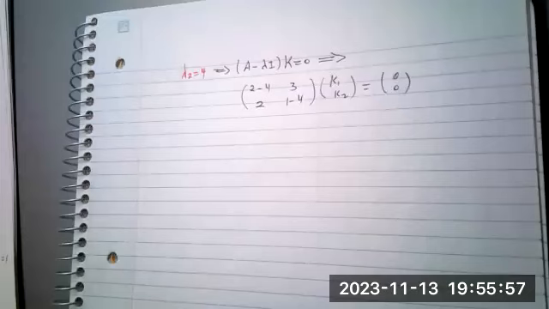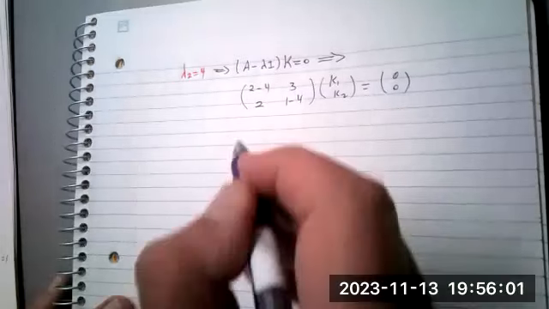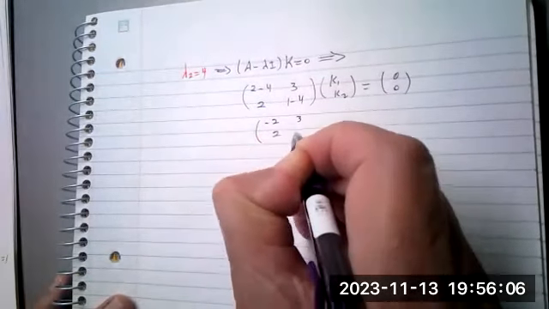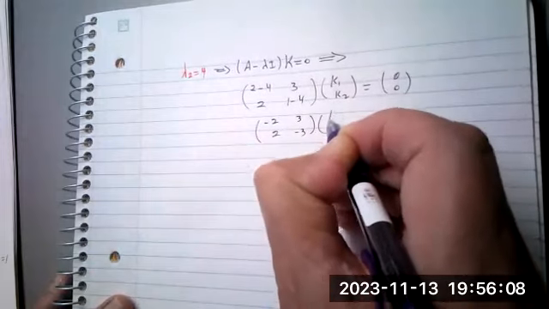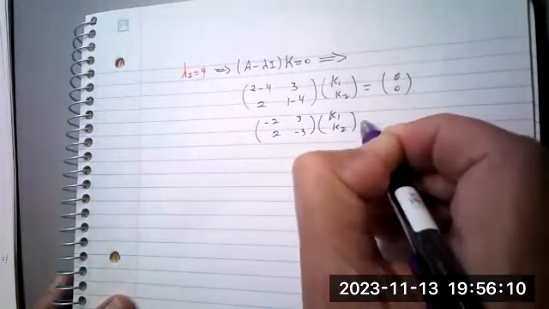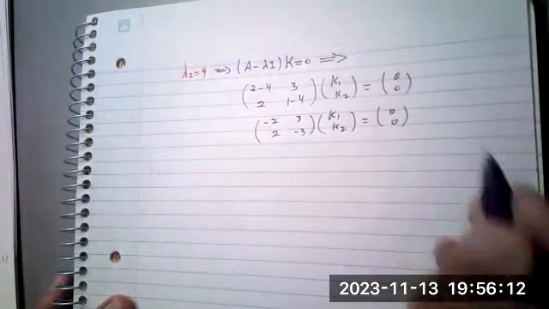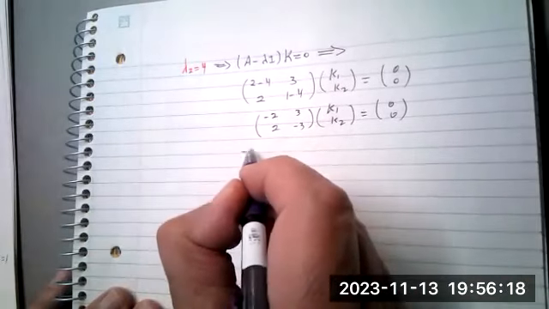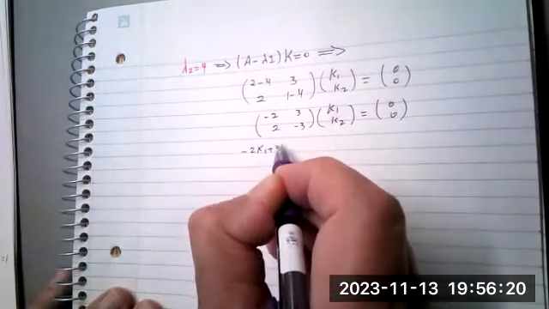We get back to that characteristic equation again, and we substitute. So that gives us -2, 3, 2, -3, times K1, K2, equal to 0, 0. Again, you get the same equation. You just take the first one and then you're done. So that gives you 2K1 plus 3K2 equal to 0.